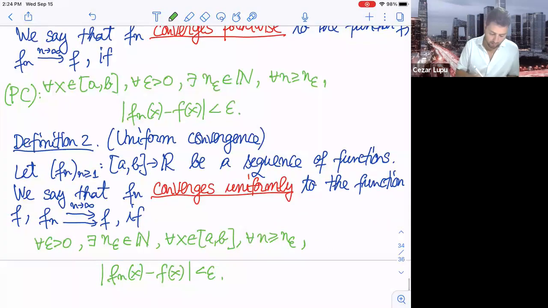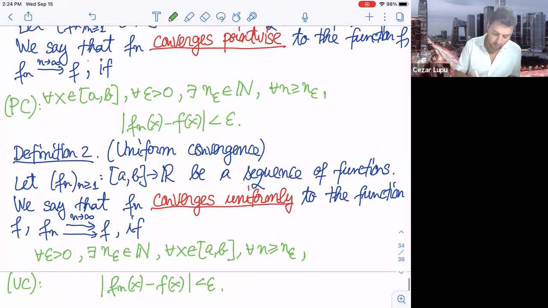So that's what we mean by uniform convergence. And I'm going to denote this by UC. As you can see, the notation for pointwise is this one, and the notation for uniform convergence will be this one.